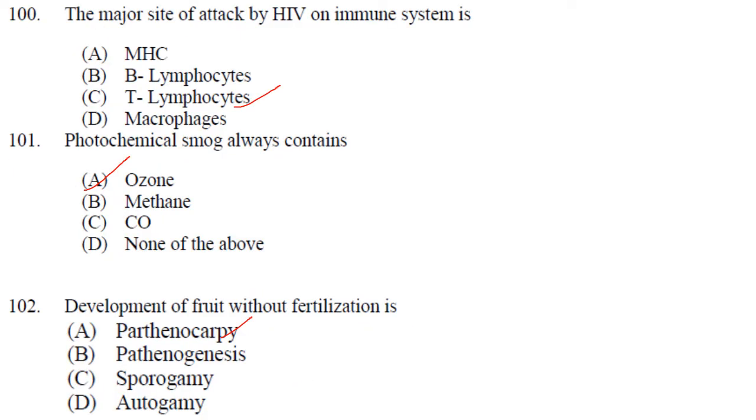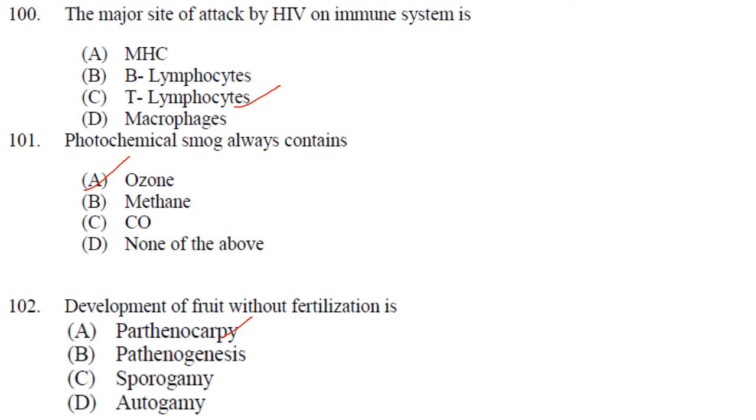The major site of attack of HIV on immune system is. So it is T lymphocytes or CD4 plus T cells more specifically. Then photochemical smoke always contains.